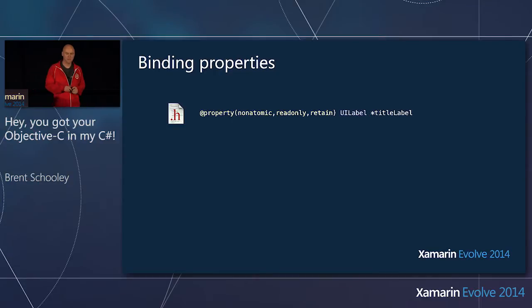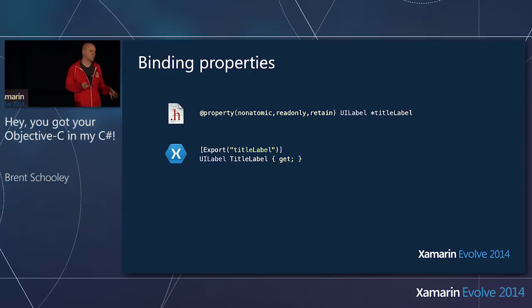Properties. I mentioned properties earlier. So we've got the at property, non-atomic, read-only, retain. The only thing we really care about out of those parentheses is the read-only part. So when we cut over, it's still the same export statement, just like you would do for a method. So it's title label, because that's what it was named over in the Objective-C library.